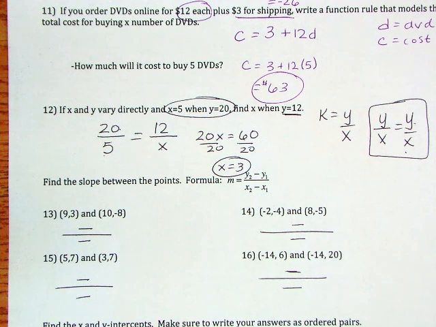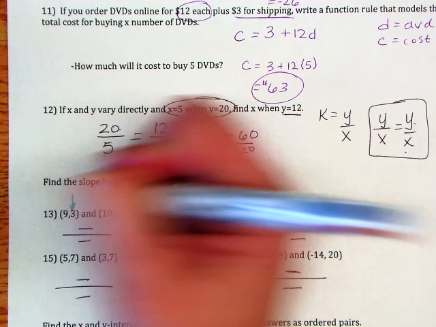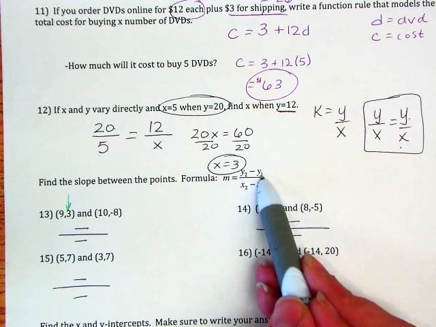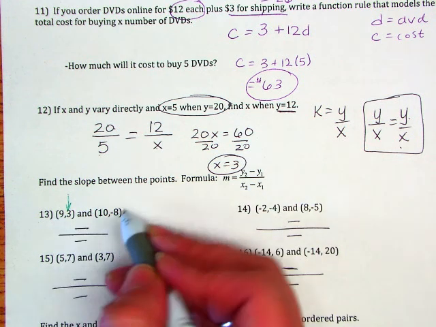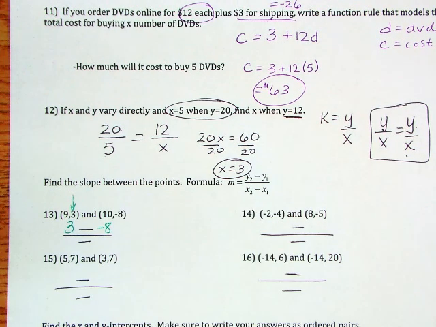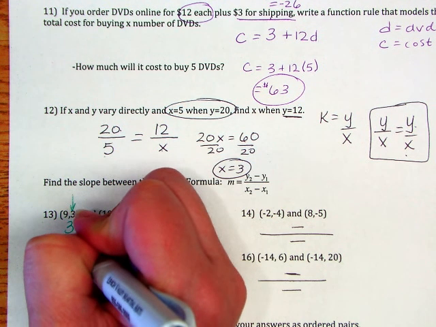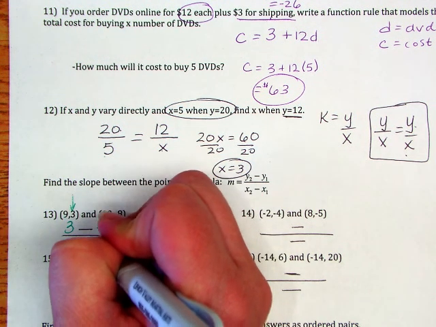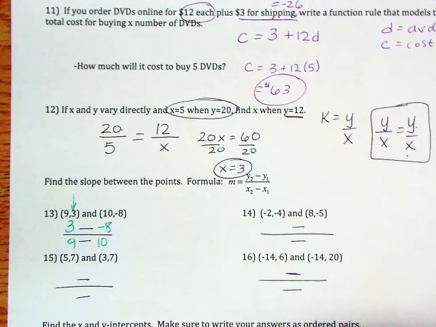Now, I'm going to always start with my y value because notice it's y minus y, and plug in 3. This is in -8. Fill the spot in the bottom. Then I go back to x's and numbers.